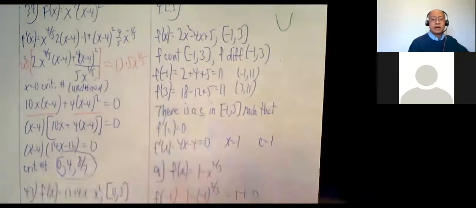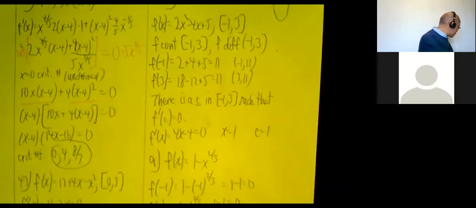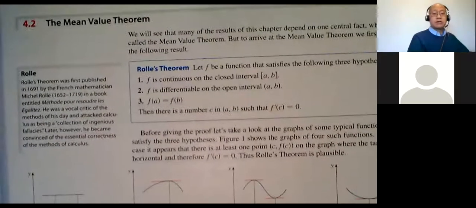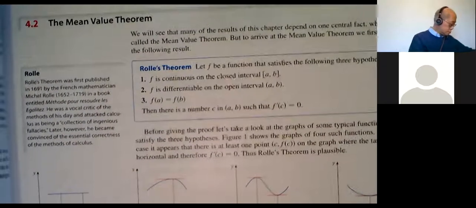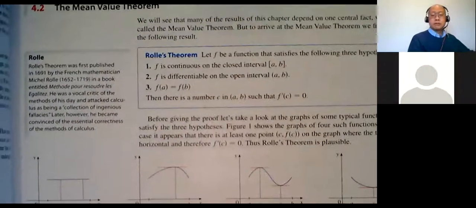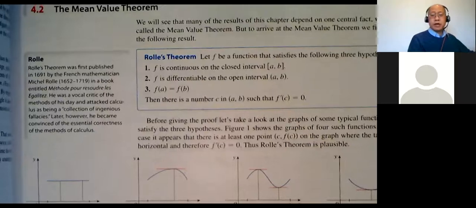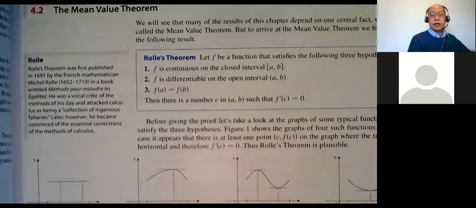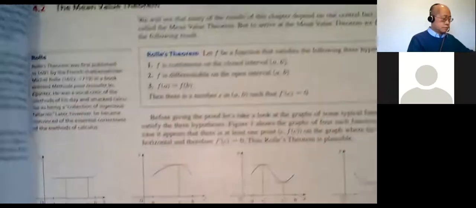F of -1 equals F of 3, right? That was number 3 on the list. F of A equals F of B. Conclusion, somewhere between A and B, in this case, -1 and 3, the derivative is equal to 0. Okay, and they just want us to find that.